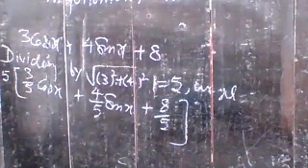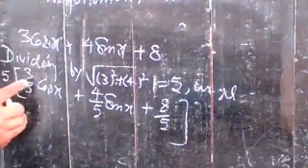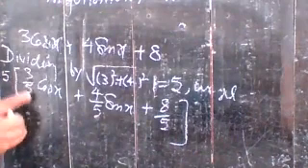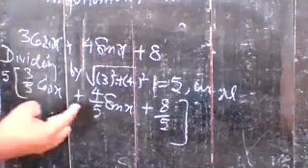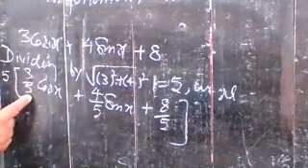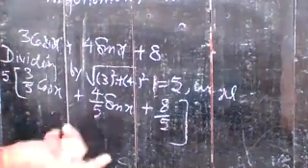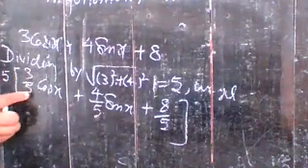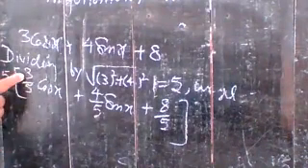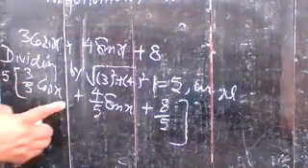Now in place of 3 by 5, you write cos alpha. If 3 by 5 is cos alpha, then 4 by 5 is the value of sine alpha. Automatically, you know that if the hypotenuse is 5 and the base is 3, then the perpendicular is 4.